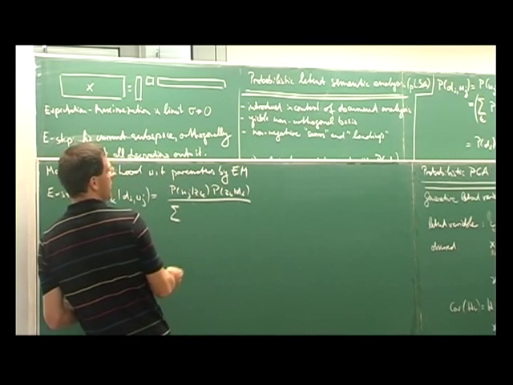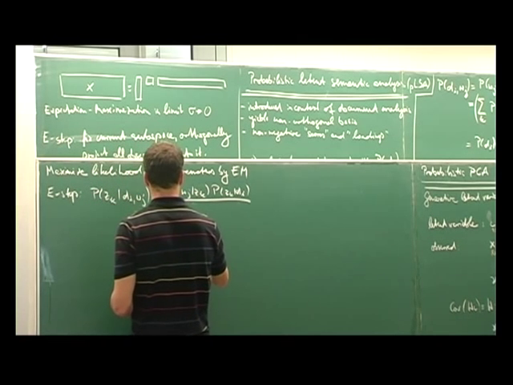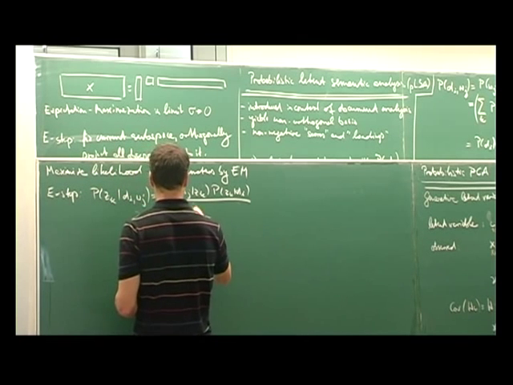And in the numerator you have all denominators summed over. Capital K is the number of topics.